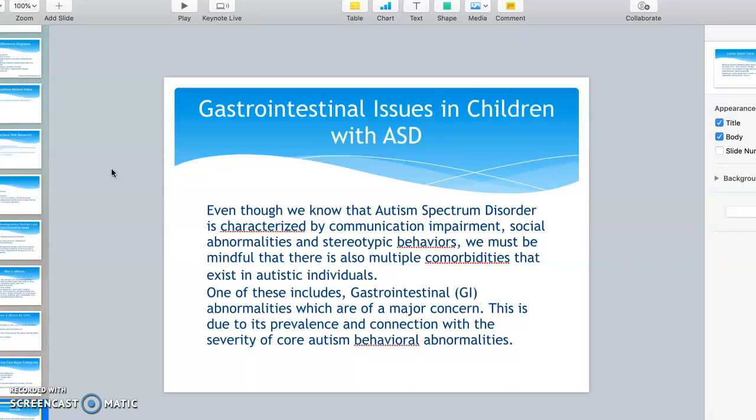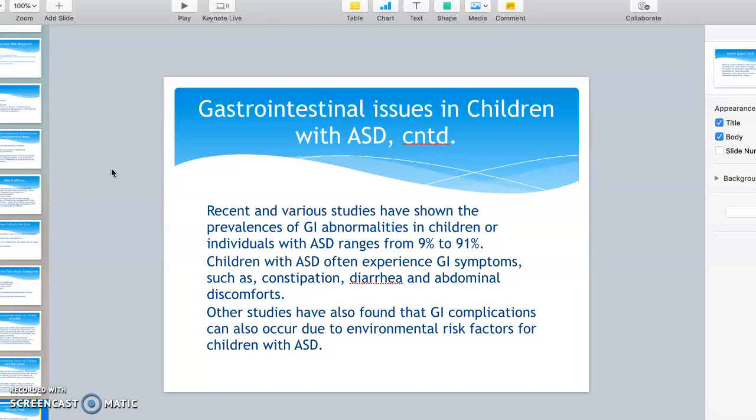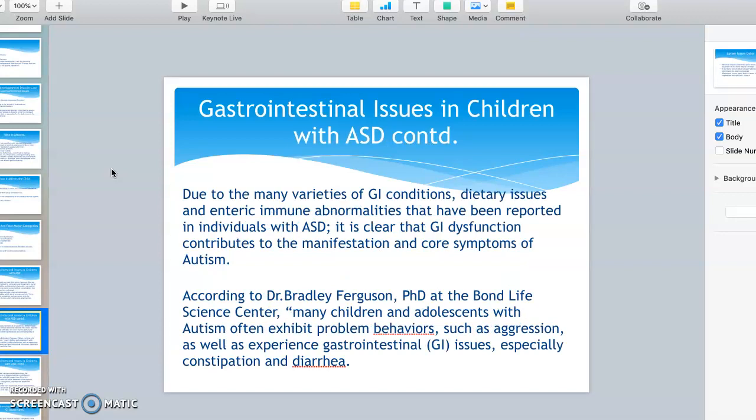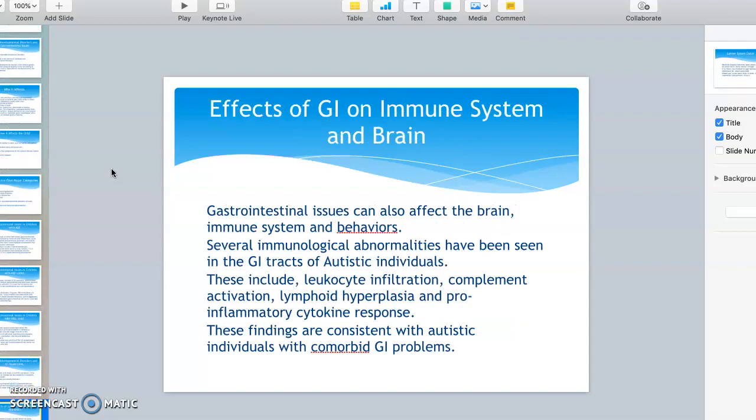And then she goes into detail to talk about GI issues with children who are diagnosed with ASD. These are all just facts, percentages, details. And how it affects the brain as well.